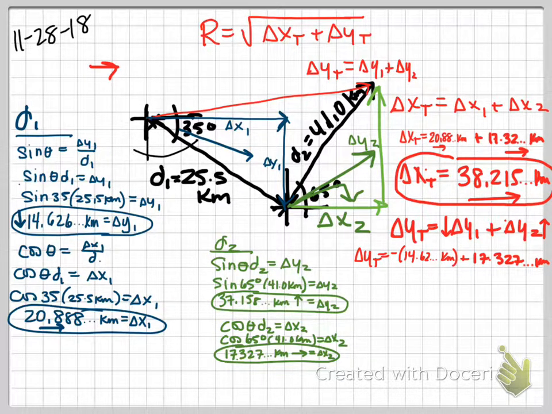And obviously you can turn these around and just subtract the 14 from the 14.62. Right now I'm just doing this to keep my delta y1, delta y2 lined up.